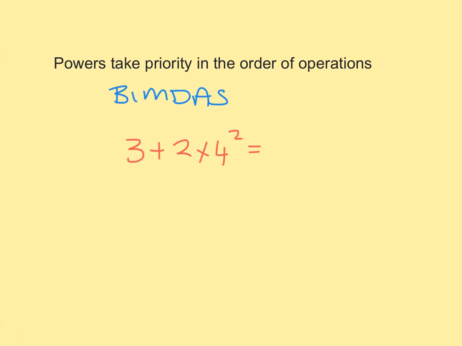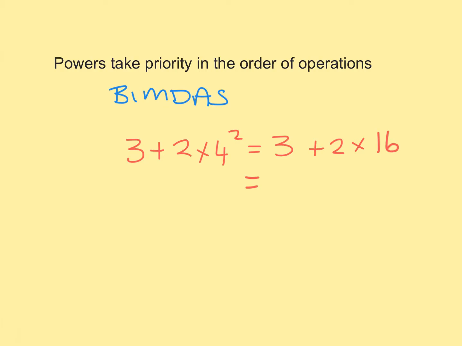So let's work that out in an actual example. We've got 3 add 2 multiplied by 4 squared. So 3 will stay the same, plus 2 times, now we've got 4 squared. We know that 4 by 4 is 16, so we write our 16 down.